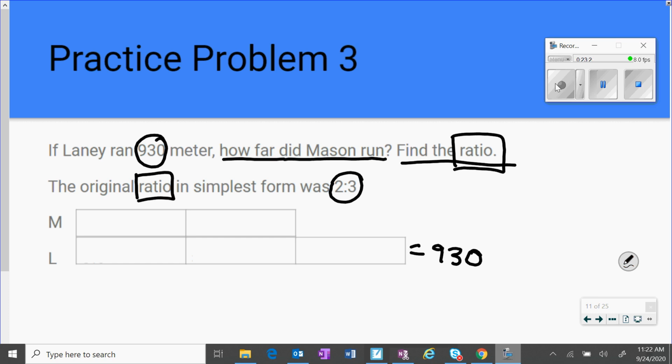Okay, so we know that Laney ran 930 meters. And what we did was we put the bottom 3 blocks equal 930. Who can tell me what the ratio constant is? Okay, over here. JJ. 310. How'd you get that?